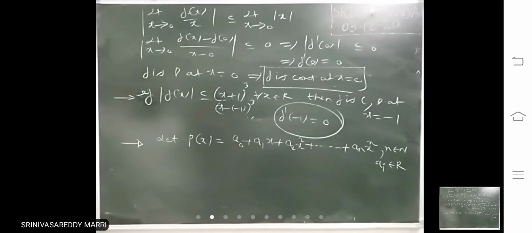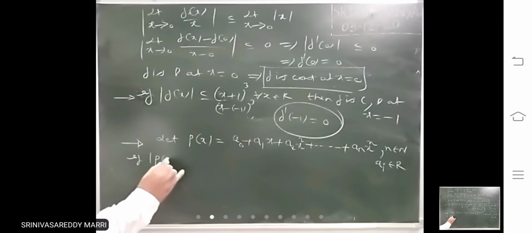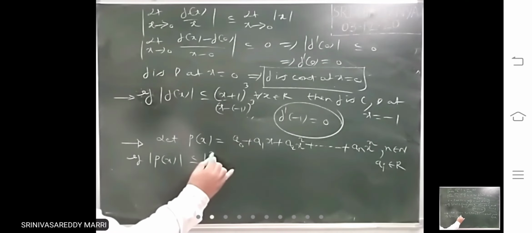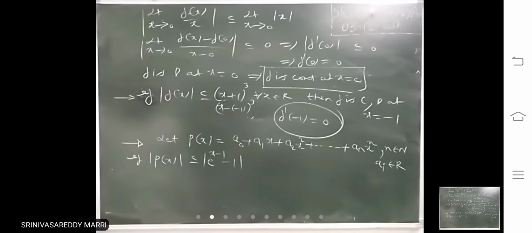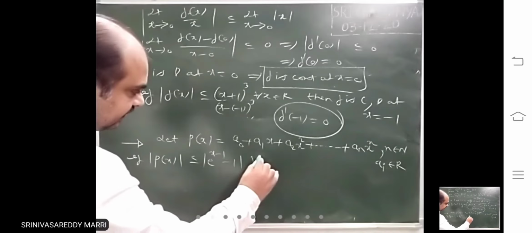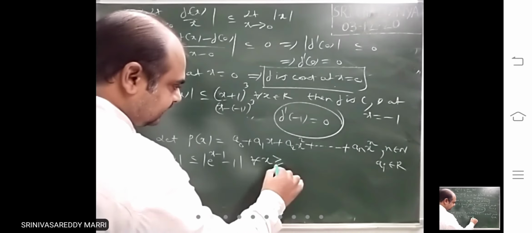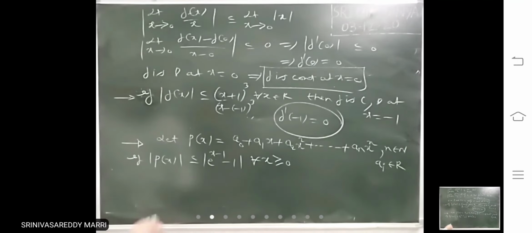Suppose modulus P(x) is less than or equal to modulus of e to the power (x minus 1) minus 1 for all x greater than or equal to 0. This is one inequality given.